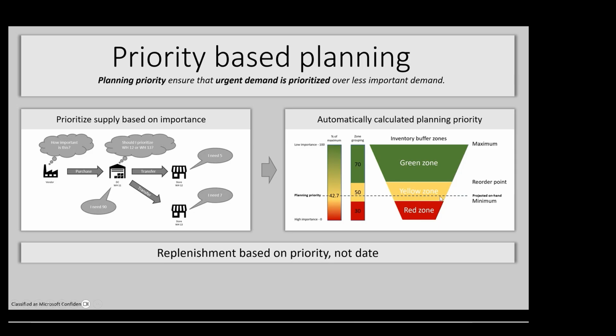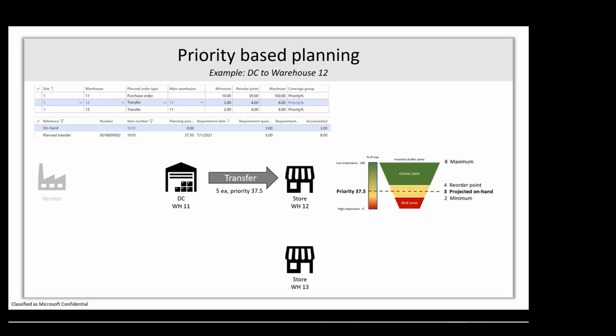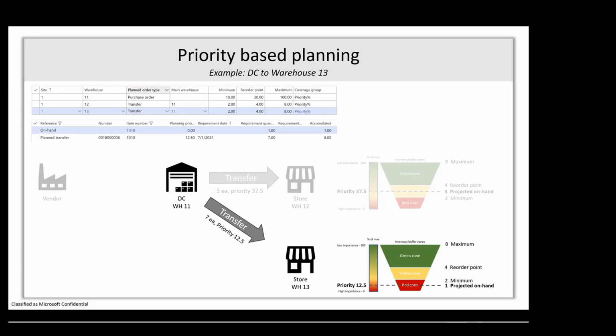So now I can set priorities to say, if this warehouse needs this product, they need it maybe more than another warehouse might need it in this example, just because of what their projected on hand is and where their current inventory position is.